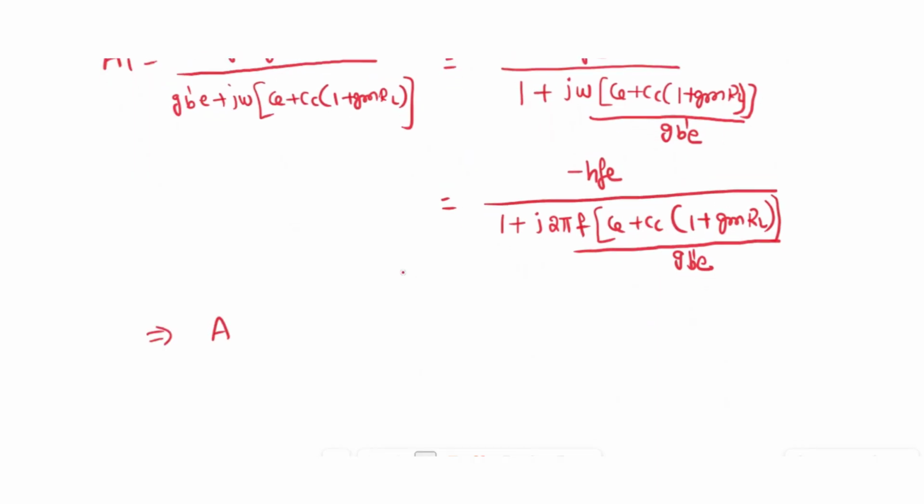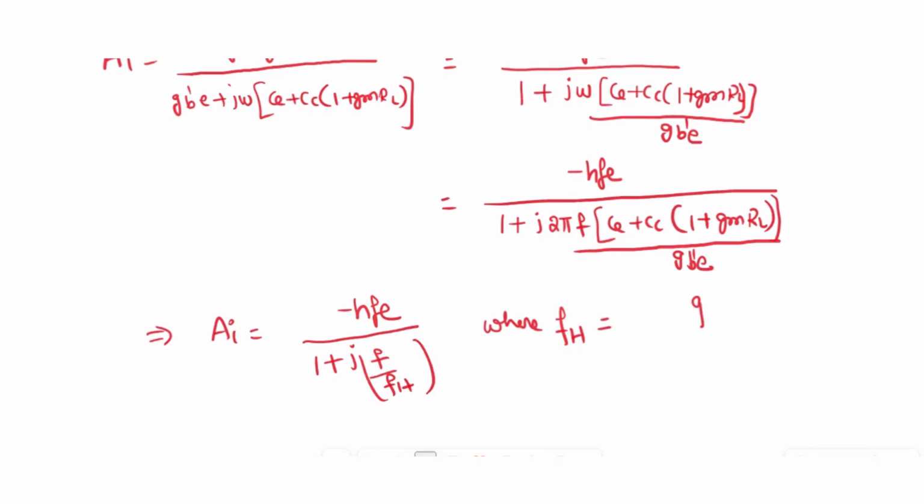This implies the current gain AI is minus HFE by 1 plus J F by FH, where FH is GB dash E by 2 pi of CE plus CC of 1 plus GMRL.